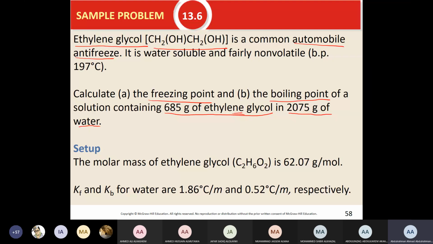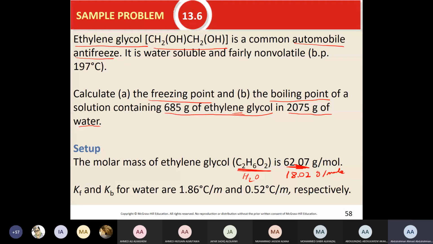What am I going to give you? I give you the molar mass of ethylene glycol, which is 62.07. What's the molar mass of water? Everybody knows this. 18.02 gram per mole. Don't forget this. This 62.07, you should calculate from your periodic table, but it's given to you here.